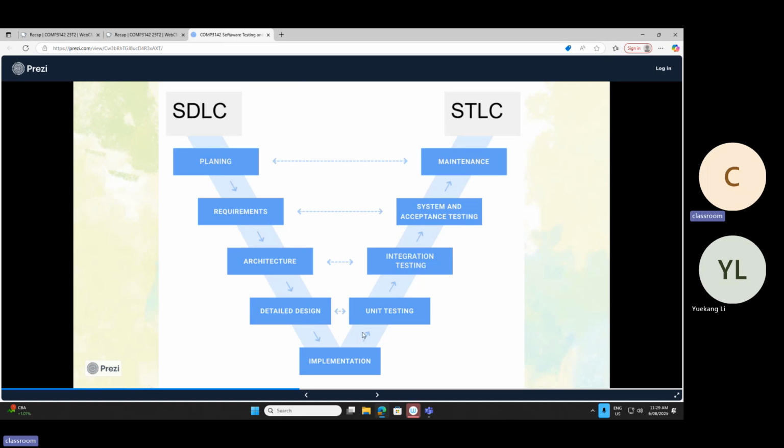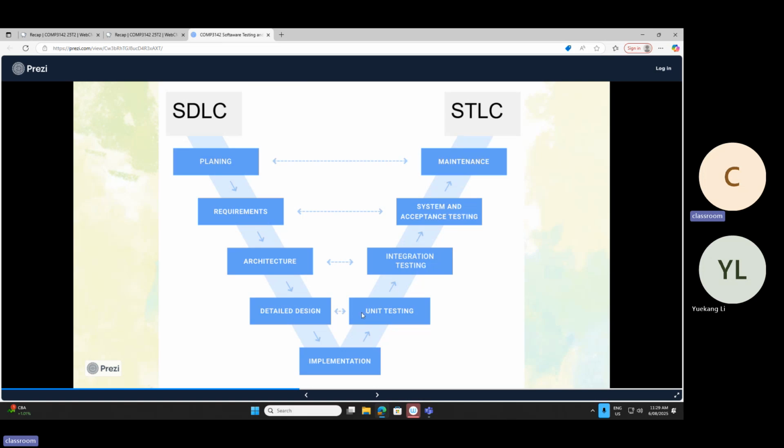So for different levels of testing, the testing technique closest to the actual implementation of the code is unit testing, right? And then we can combine different units into integrations, and then we can do system level testing.